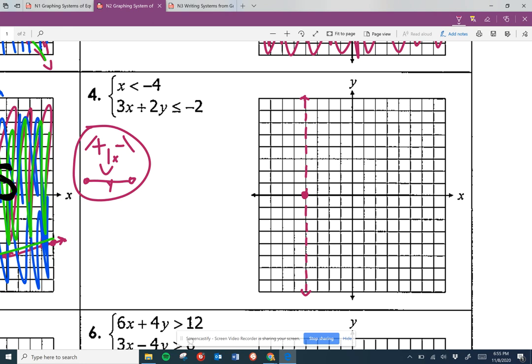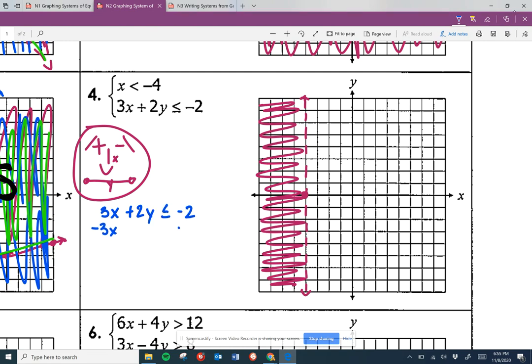And we end up with y is less than or equal to negative 3/2 x minus 1. Okay, so we'll start our graph at negative 1. Negative 3/2 will be down 3, right 2, or up 3, left 2, like this. Since it is less than or equal to, it is going to be a solid line.